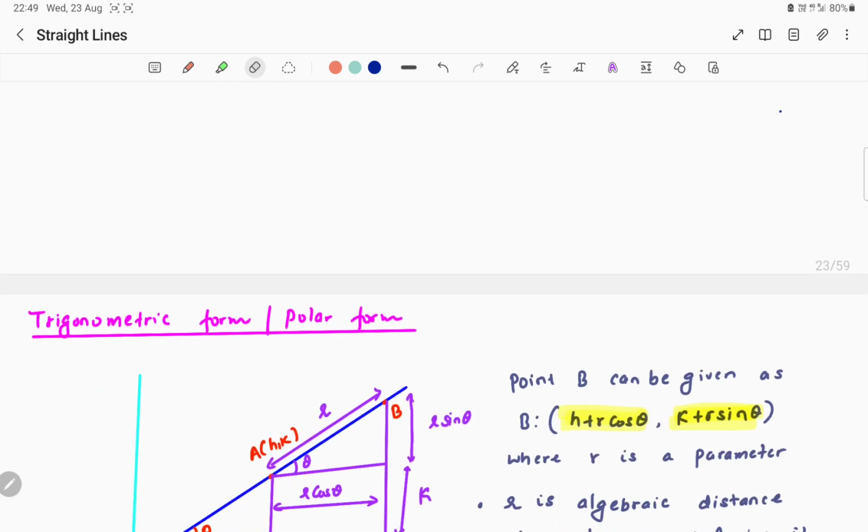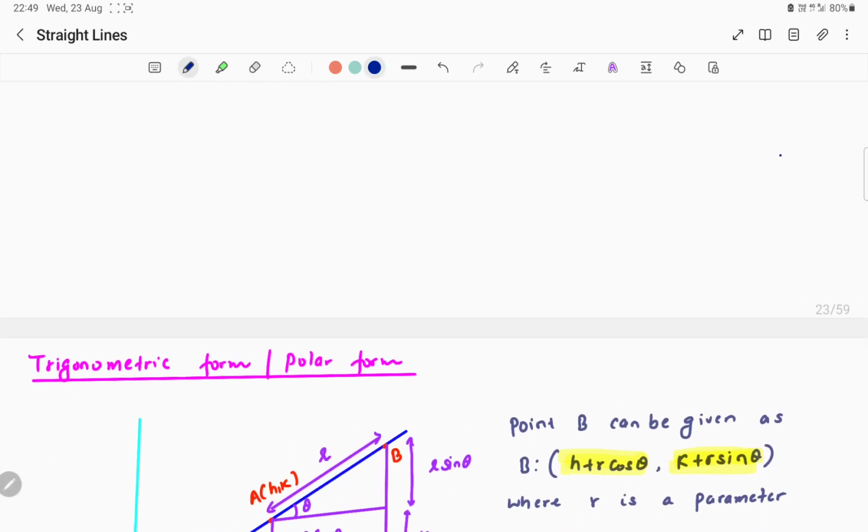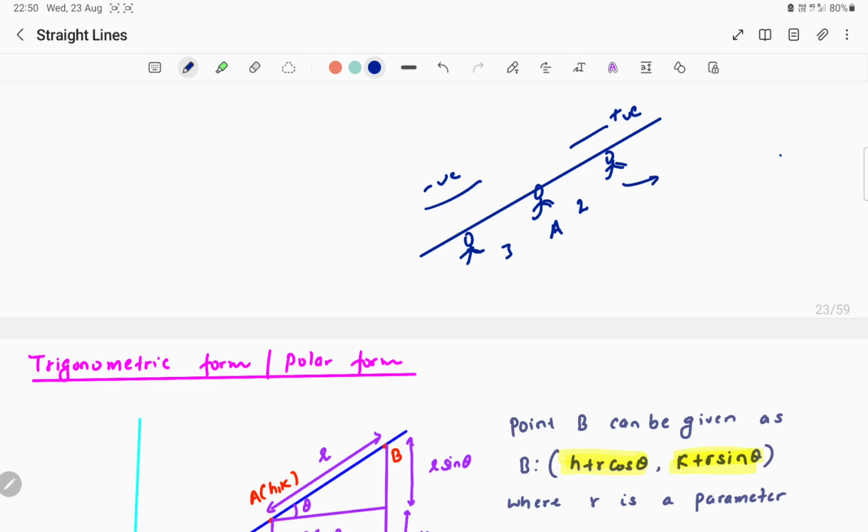Can you get this? If not, one more example. Suppose you are standing here, and you consider your right side as plus and left side as minus. One of your friends, let's say Mohan, is standing here, and Shyam is standing here. Let's say this is 2 units and this is 3 units. How will you represent the distances?